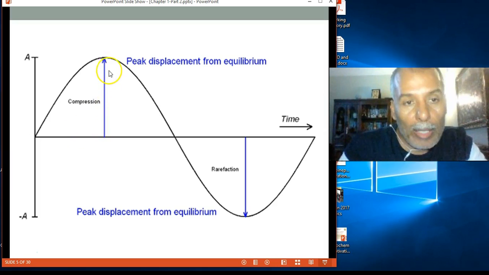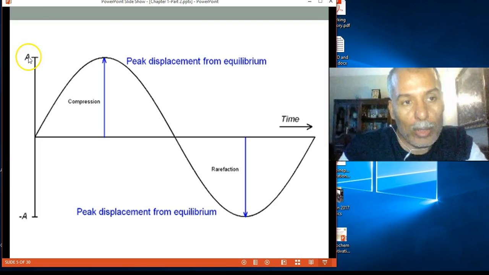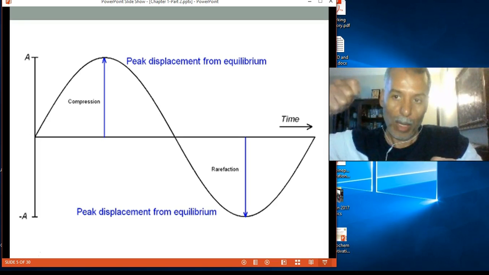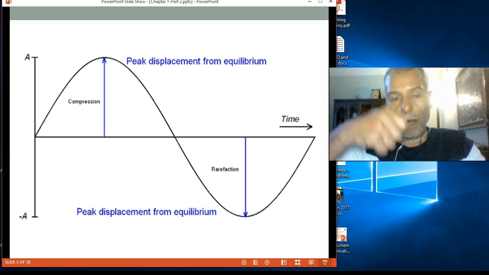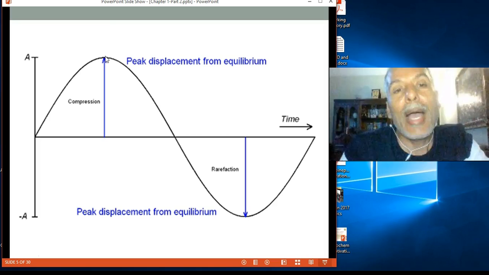Then you pull the guitar string away from rest. You displace it, and you pull it as far as this point, A. It is similar to a bow: when you pull the string, the farthest point that you pull it to is the maximum point of displacement.